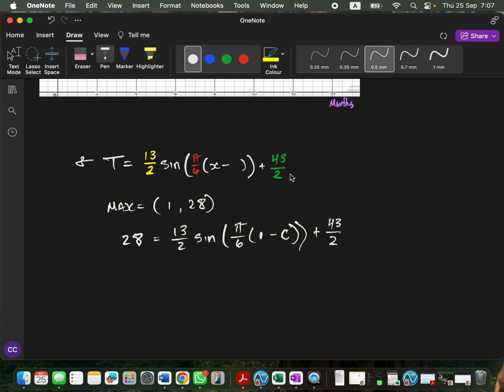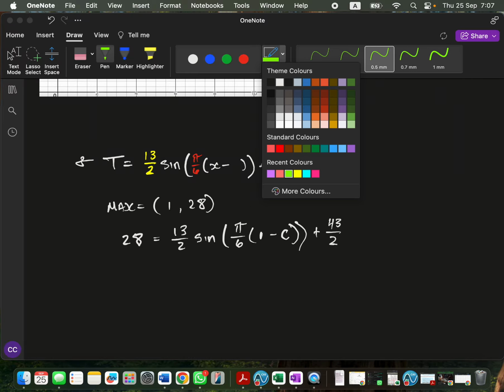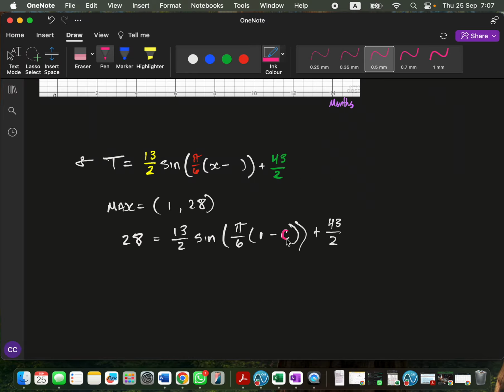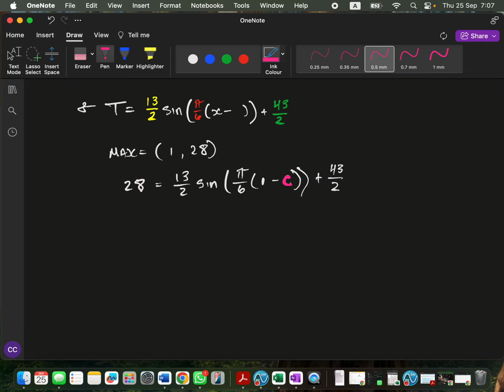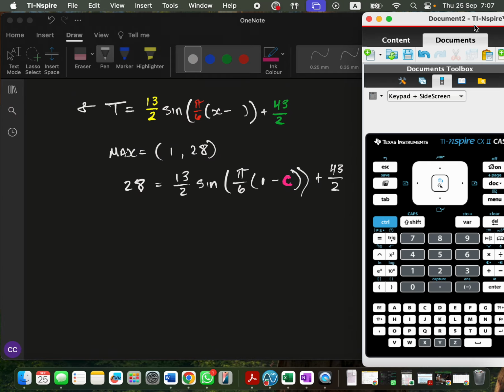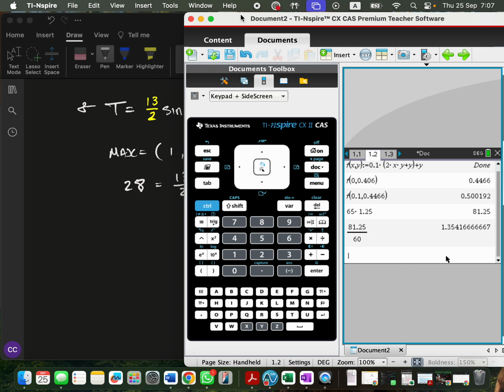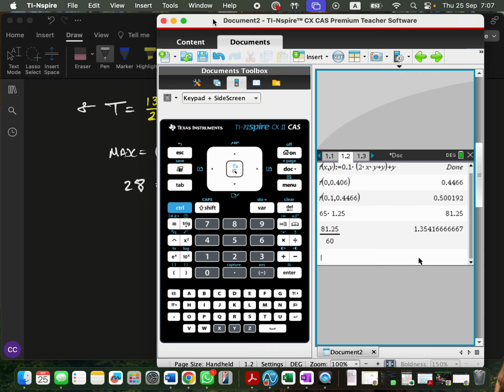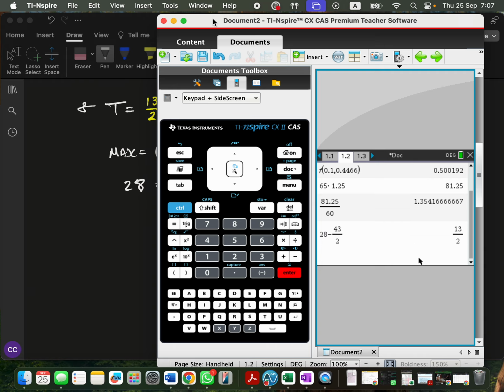I'm gonna put my C in pink, I guess. All right, so now I just have to solve this. So this would turn into, and I am lazy enough that I'm just gonna pop my calculator out here, I'm going to do 28 minus 43 halves, and I get 13 halves.